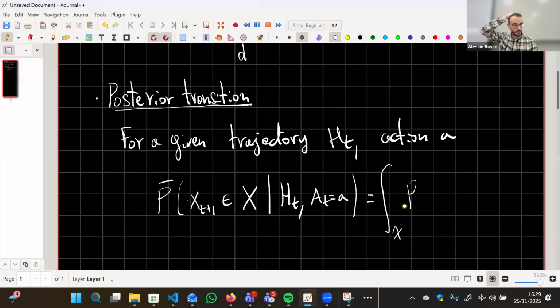So it's simply going to be the integral here of this xt plus 1 given x and a.